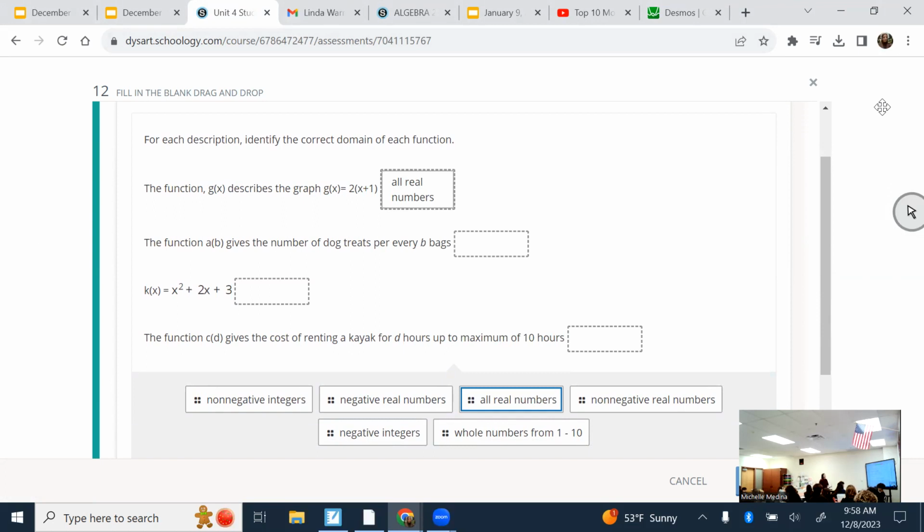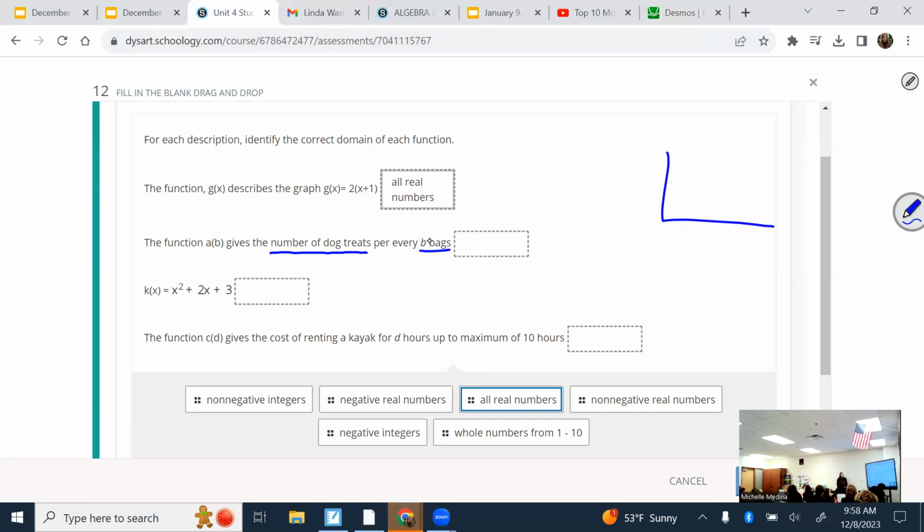Now, function a of b gives the number of dog treats for every b bags. We're talking about domain, our input. So in this situation, is my input going to be b bags, like number of bags, or like the cost for them? Or actually, it's number of dog treats being compared for every b bags.